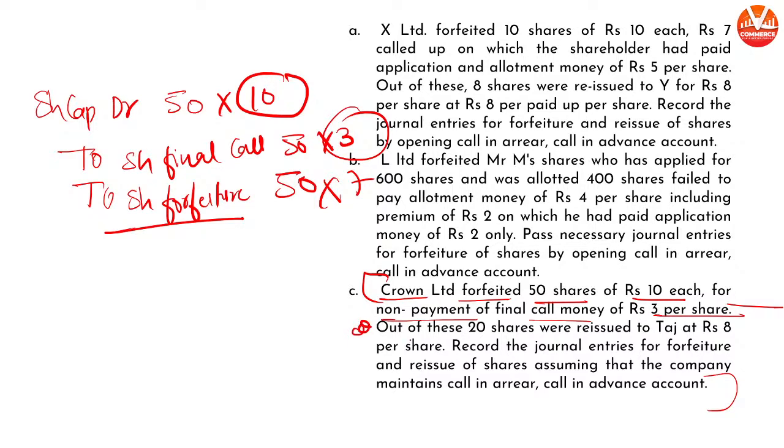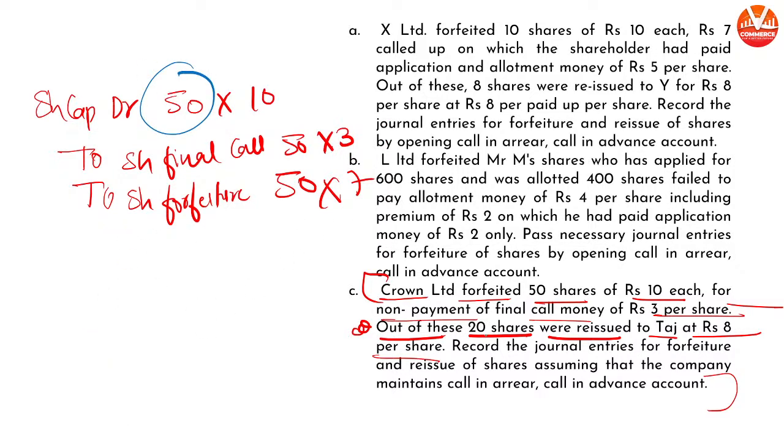Then out of these, 20 shares were reissued to Taj at 8 per share. Out of these 50 forfeited shares, 20 shares are reissued at 8 per share. So a 10 rupees share is reissued at 8, which means that these are reissued at discount.